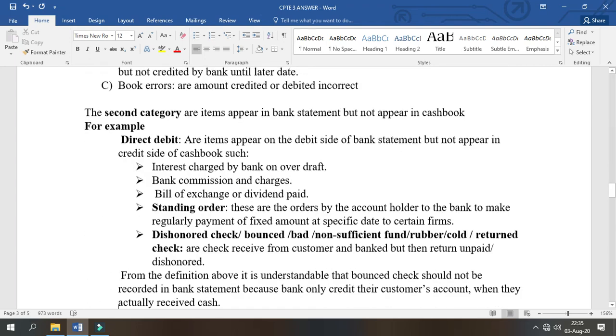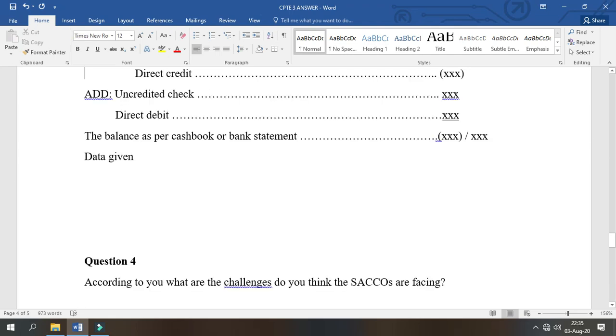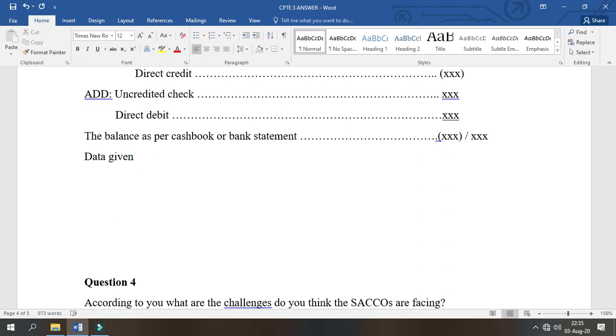So the data given: we have cash book balance equal to Rwandan francs 8,515.